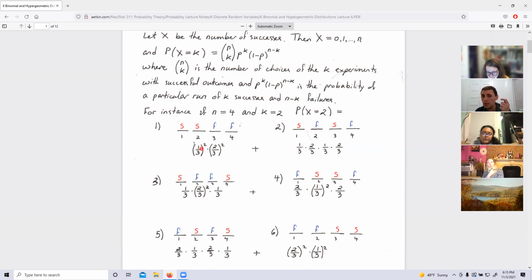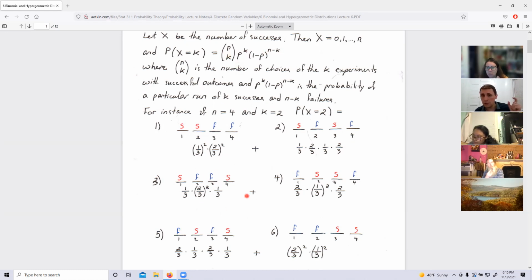Do you see that? So in this case, I just wrote 1/3 squared, 2/3 squared. But in here, it's 1/3 and 1/3, and in the middle, 2/3 squared, right? But you can always rearrange them to be success probability to the power of k, failure probability to the power of n minus k. Yes, and then you add over all of them.